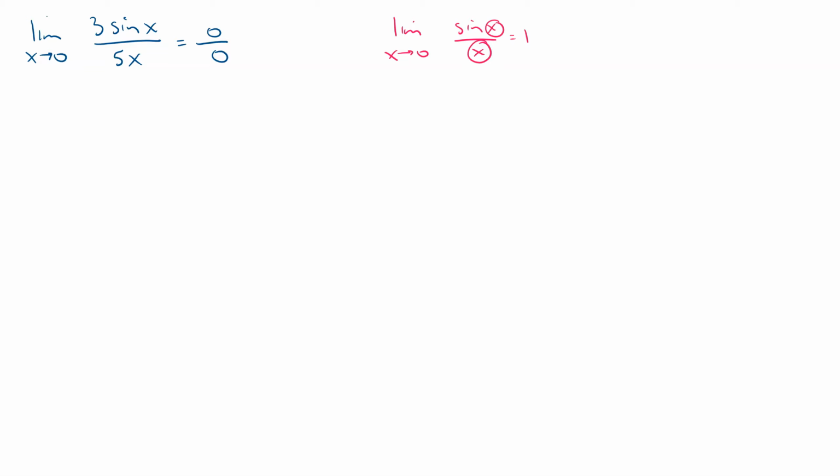Now be careful when doing these. It's easy to look back and say, okay, the bottom's 5x, I need the argument of the sine to also be 5x, but that's not true. The 5 on the bottom isn't really a problem. I can see the limit-trig combo that I'm wanting right there. I can treat 3/5 just like a coefficient or a constant and pull it out of the limit completely.